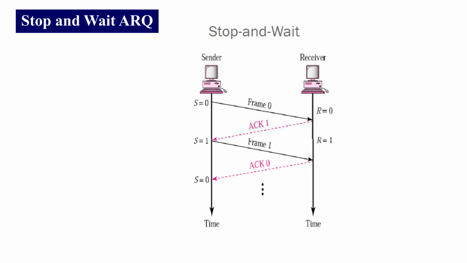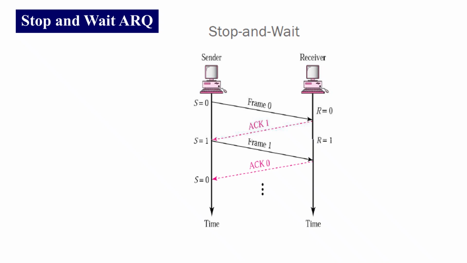Second, for identification, both data and acknowledgement frames are numbered alternately 0 and 1. Third, if the receiver detects an error in the data frame, it sends back a negative acknowledgement. When a negative acknowledgement is received, the sender retransmits the frame sent after the last successful acknowledgement, regardless of its number.